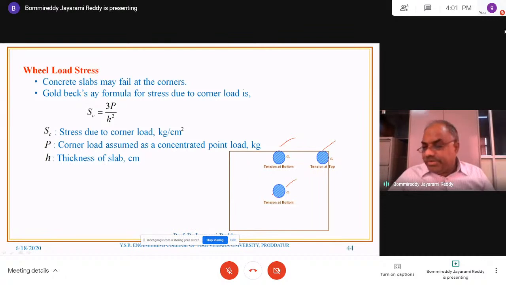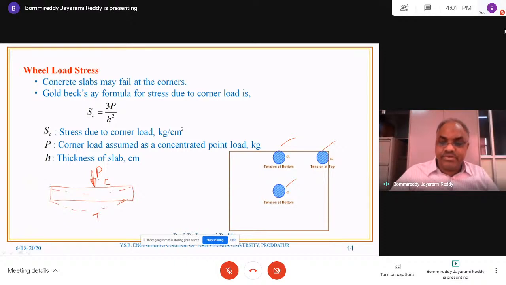When the load is exactly at the center, say this is the cross section of the slab, it is going to deflect in this fashion. Because of the wheel load P, the bottom surface is under tension and the top surface is under compression.